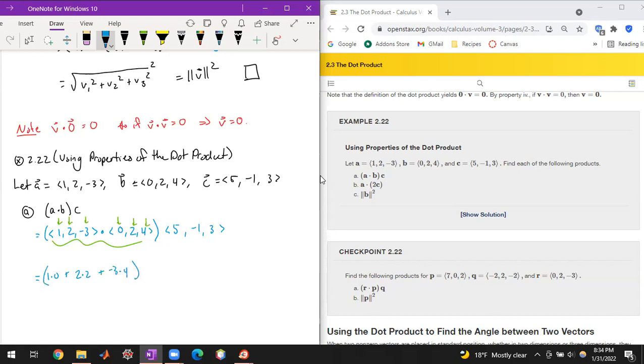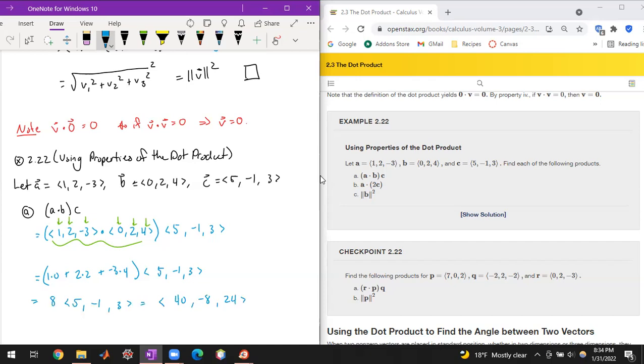And this is what will be distributed into our vector C. When we simplify this, we're getting 0 plus 4 minus 12, which is going to give us 8. So we're getting a vector with components 40, -8, 24. So this is a vector.